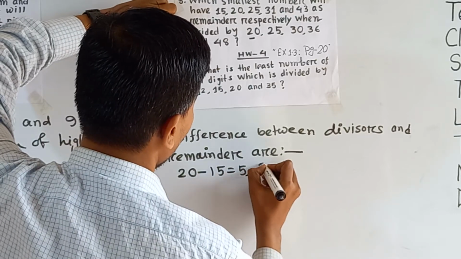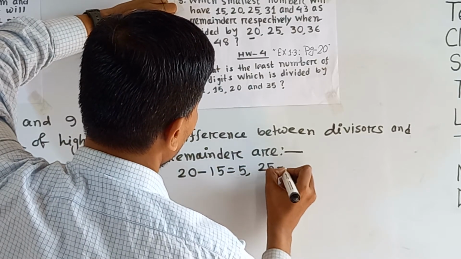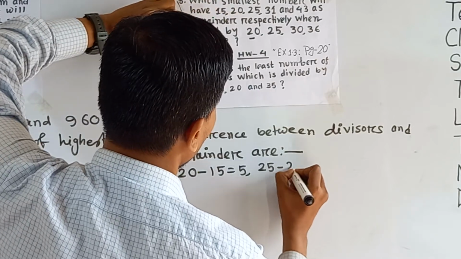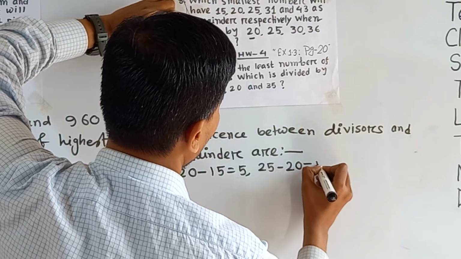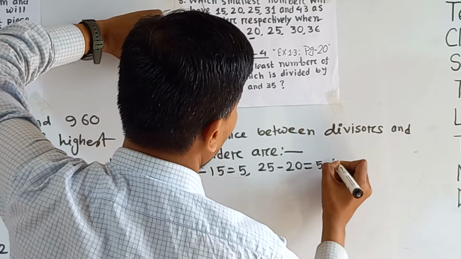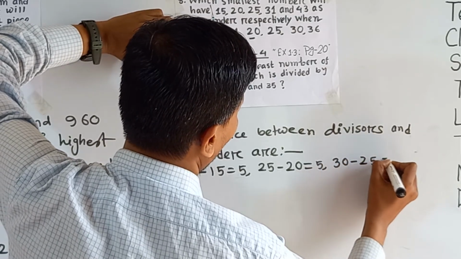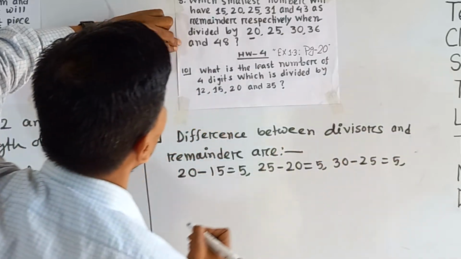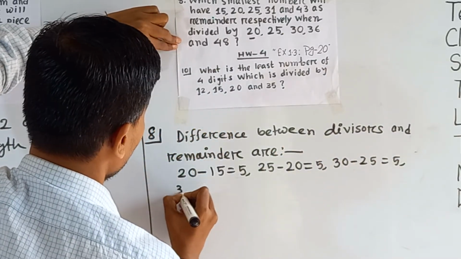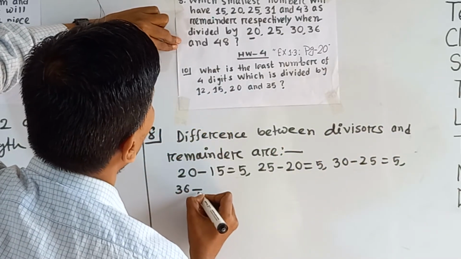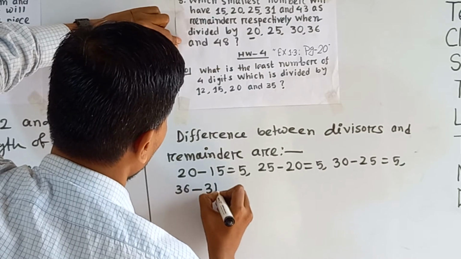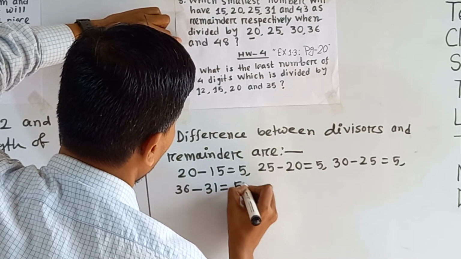Similarly, 25 minus 20 gives 5. Then 30 minus 25 equals 5. Then 36 minus 31 equals 5.